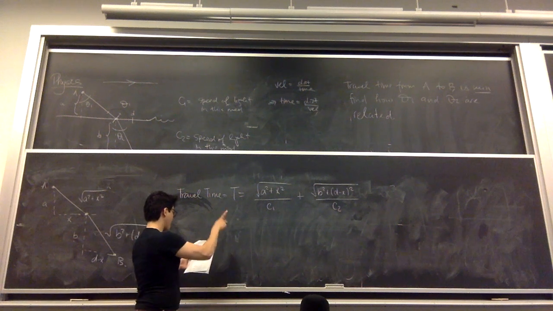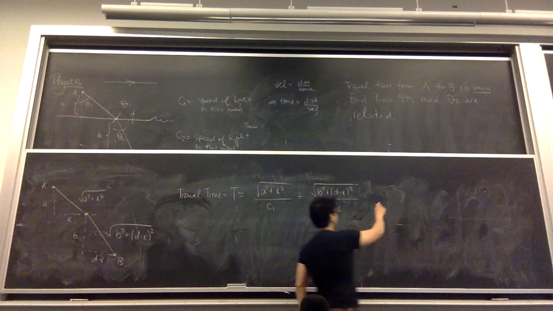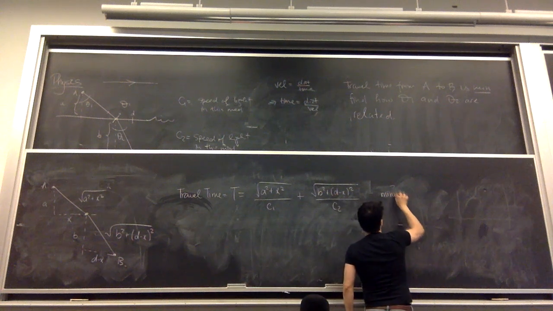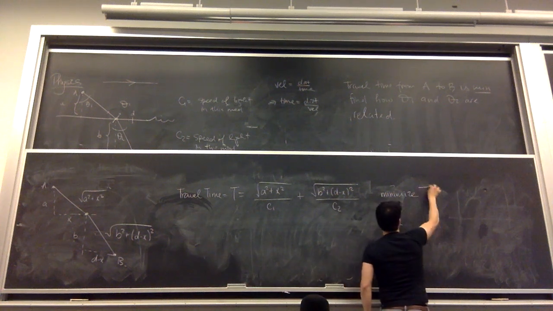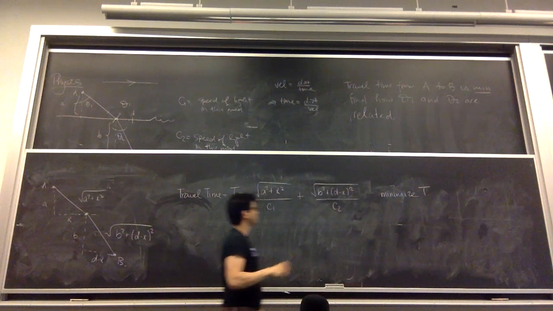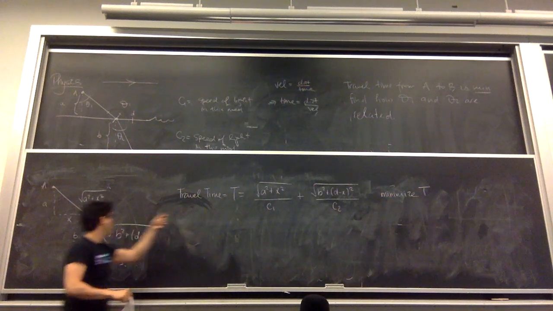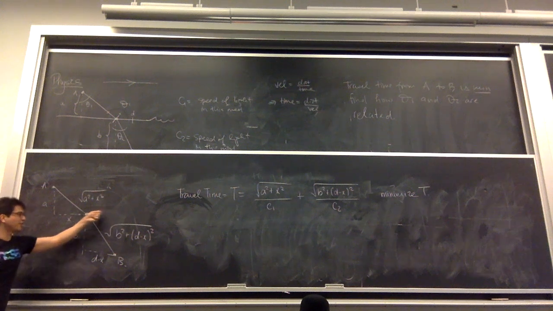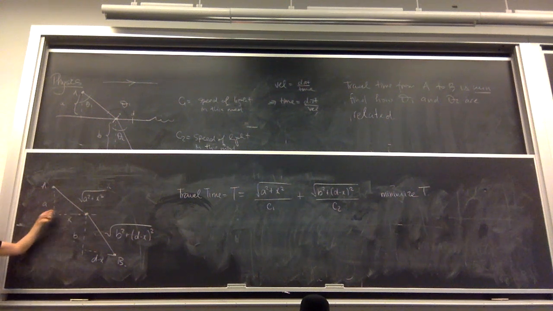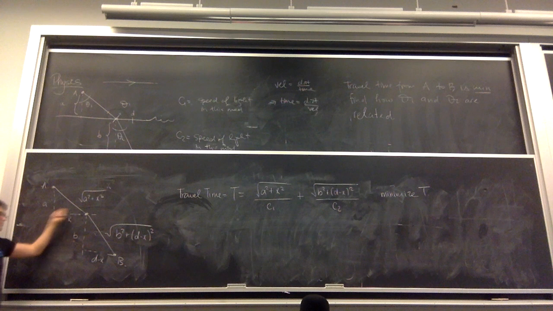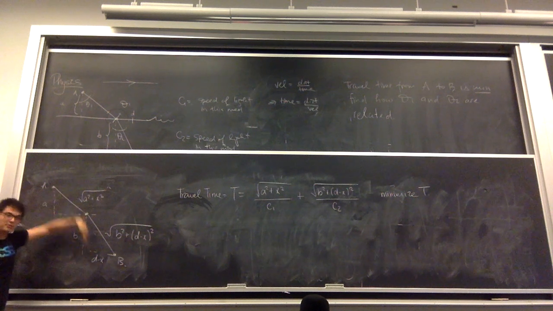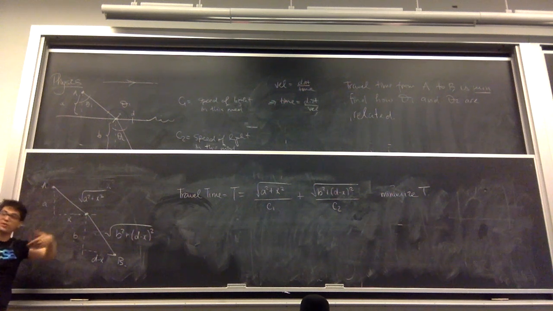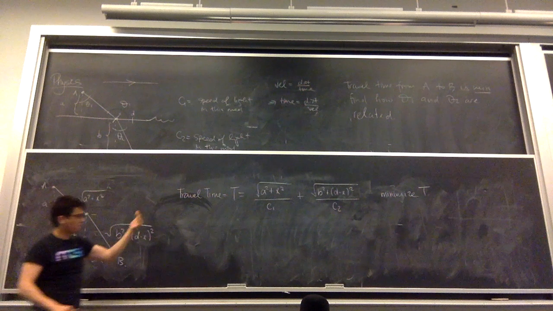So we need to now minimize t, because this is the travel time. If I move this x, we're going to have a different travel time depending where I put that. For one of them, that will give you the minimum travel time, and that's the one nature is going to pick. So we're going to minimize this.